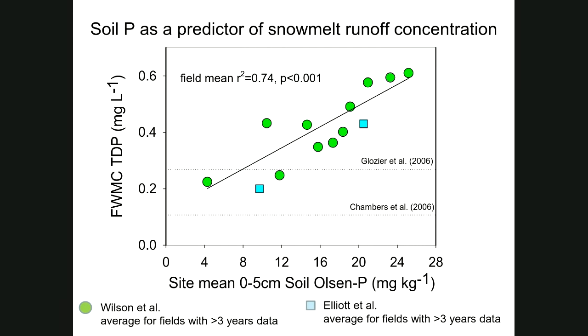That's something that I'm hoping to talk about a little bit more in a transport pathways talk next week. But what's shown here are the mean soil test values for 0 to 5 centimeters and flow-weighted mean concentrations over multiple years at these sites for snowmelt.